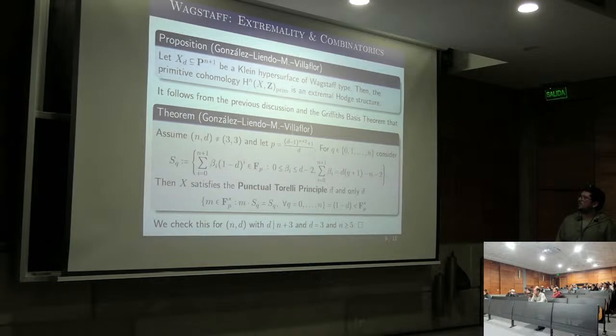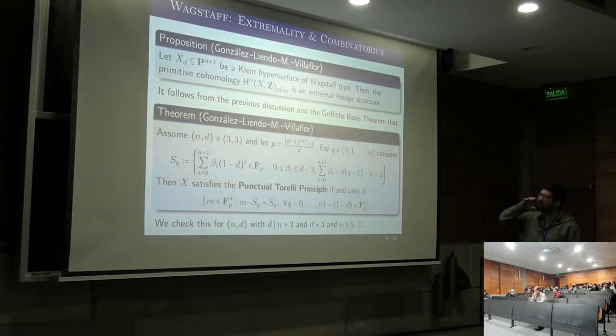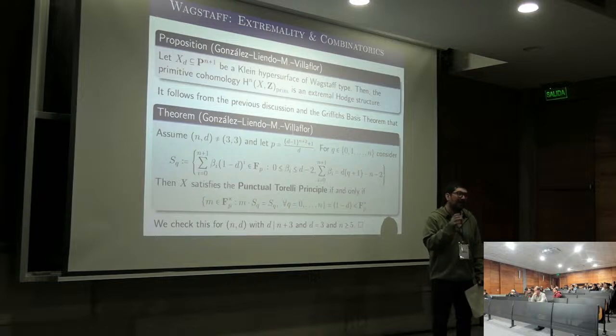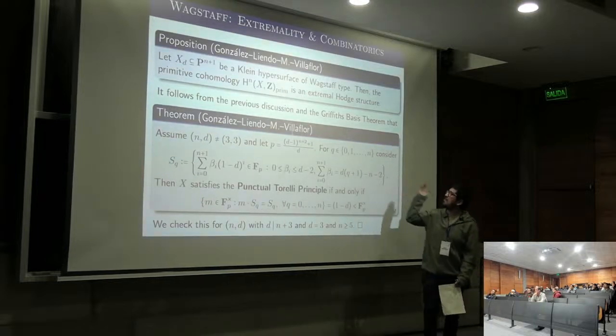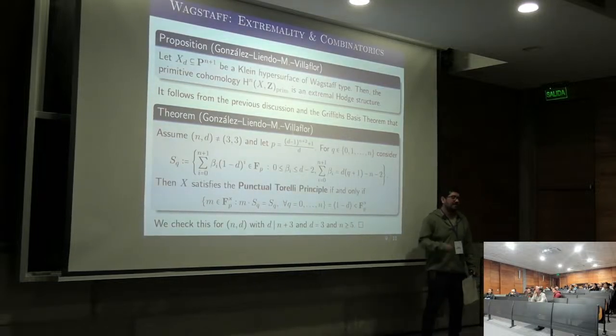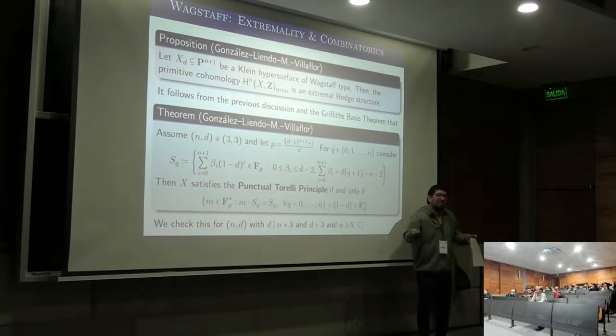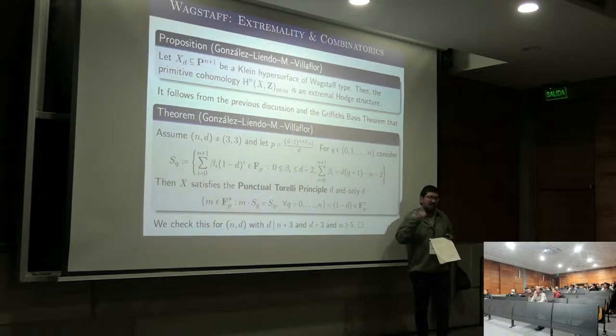Okay, so, to finish this part of the discussion, the thing is the following. You have a Hodge structure, and one wonderful thing for hypersurfaces is this famous theorem by Griffiths that gives you an explicit basis for doing computations. It's really, really explicit.